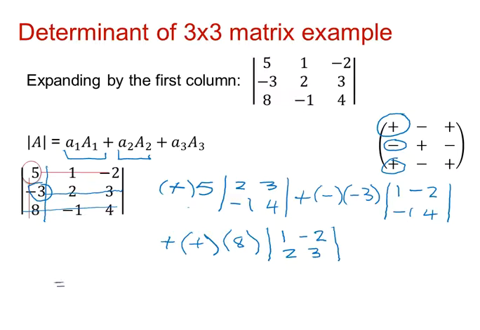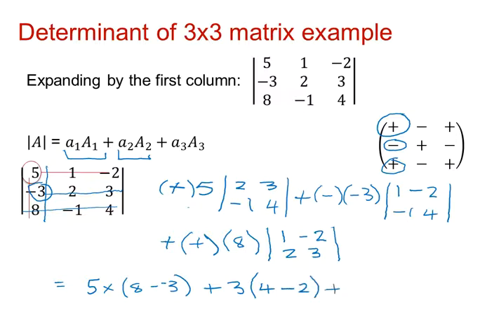When we work this out, we get 5 times, and then that determinant is 8 minus 3. If we look at the signs here, we're going to end up with a positive 3 times the determinant, which is 4 minus what ends up being plus 2.